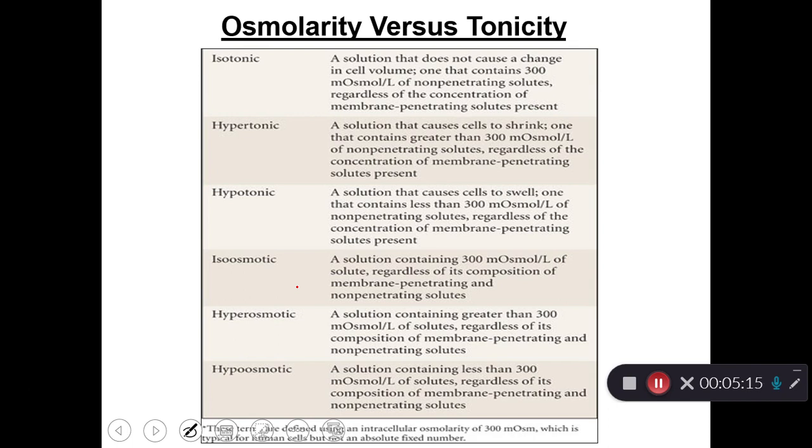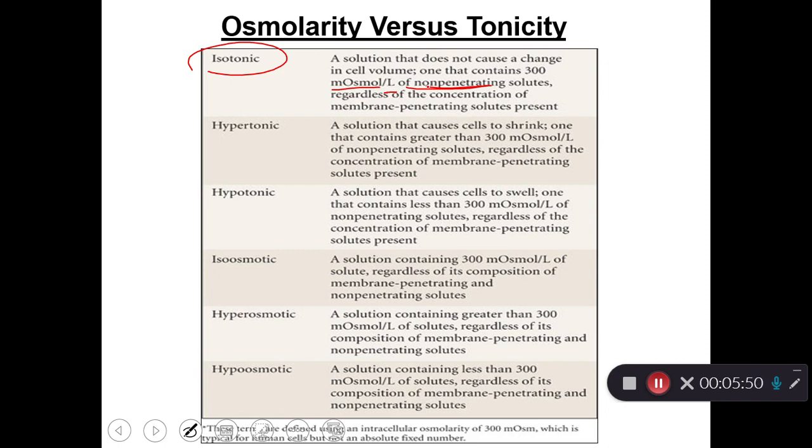The isotonic solution is a solution that has a 300 milliosmoles per 1 liter concentration. So if the osmolarity is 300 milliosmoles of non-penetrating solutes, we call that isotonic. Iso means the same because the tonicity inside our cells is 300 milliosmoles.